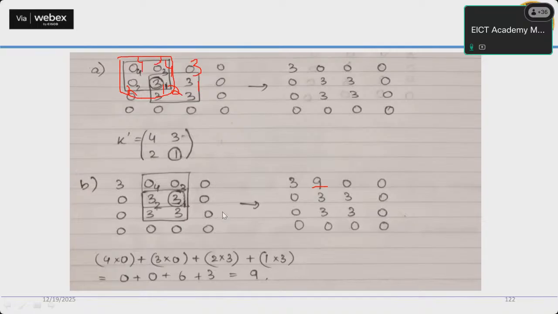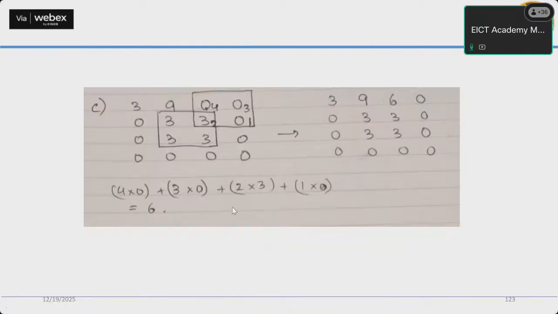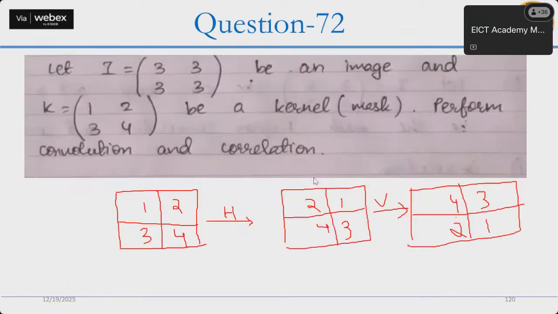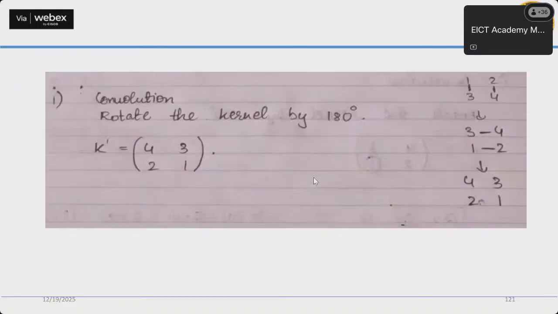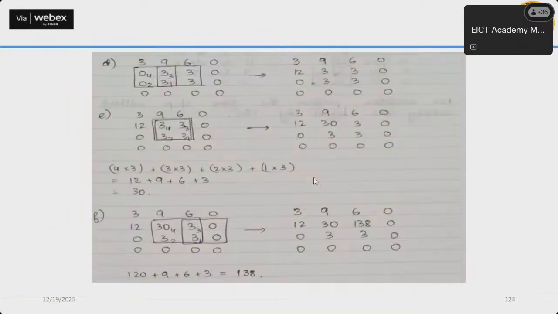So is this clear? When we are moving it here, it is 4, 3, 2, 1 here. So you have calculated the value 9. In this way, you can calculate the other values. When you shift it toward this one, you will calculate the 3960. In this way, we will calculate all the values.